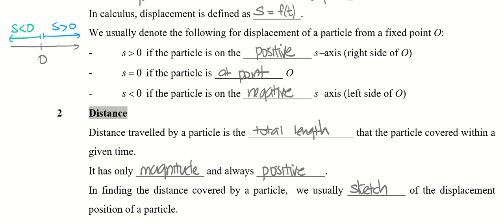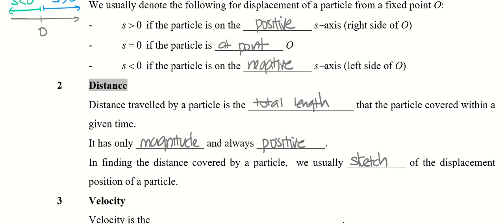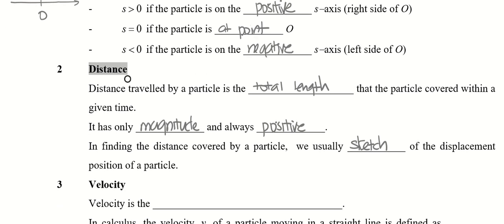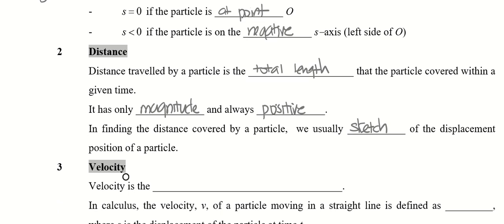The next thing you need to know is velocity. A lot of terminology to know. What is velocity? Velocity is defined as the rate of change not of distance but of displacement. Speed is defined as the rate of change of distance.